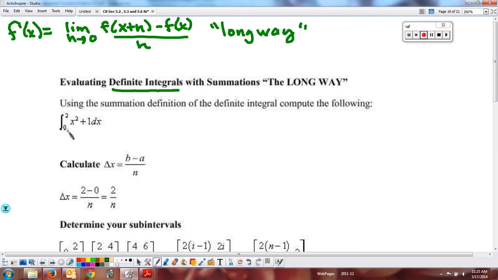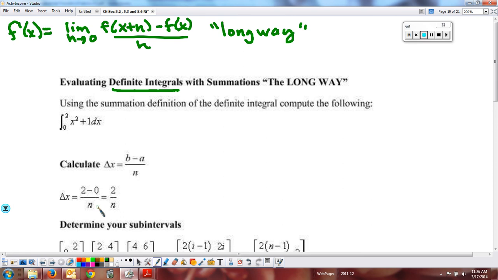So we're going to do the definite integral from 0 to 2 of x squared plus 1 dx. We're going to show you how using the limit in the long way works. The first thing you want to do is calculate your delta x, which remember is b minus a over n, and here's your a and your b. So delta x is 2 minus 0 over n, and we're going to leave n in there.